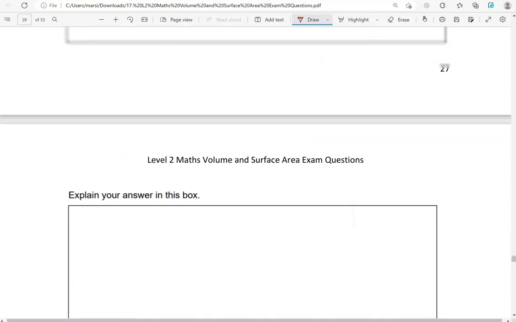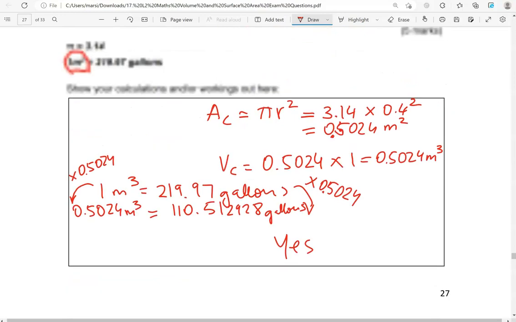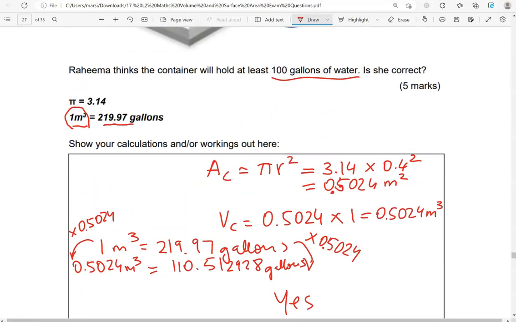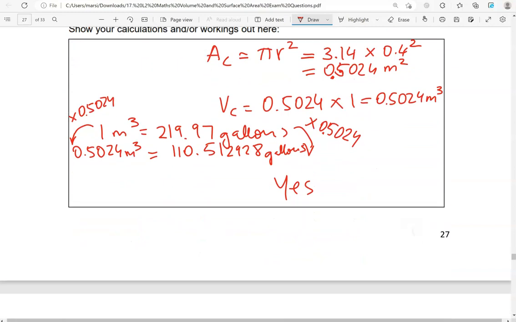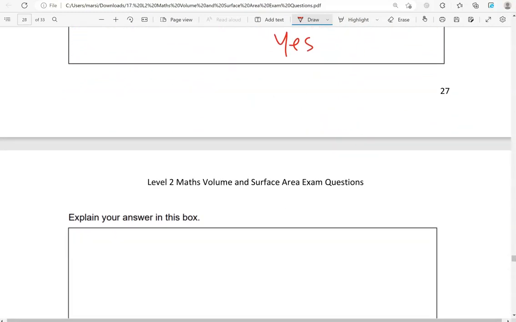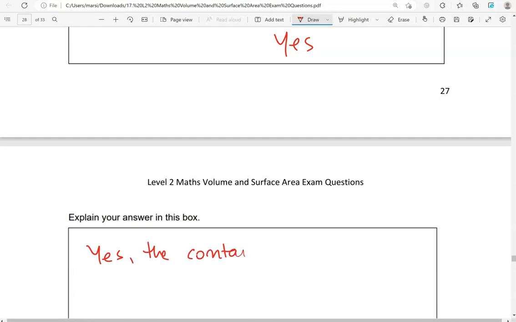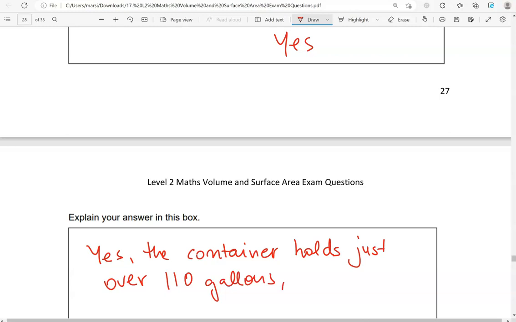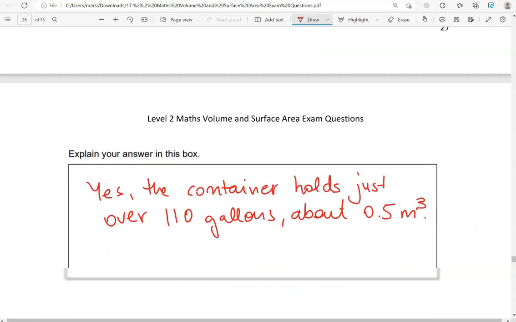Now we've got to explain our answer in here, so what we can say is yes, the container holds just over 110 gallons. About 0.5 cubic meters.